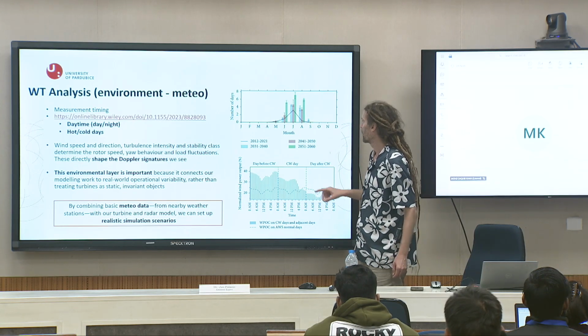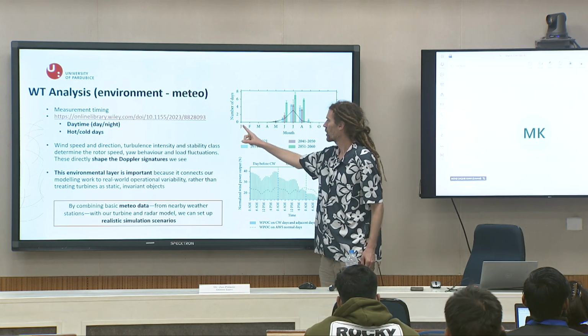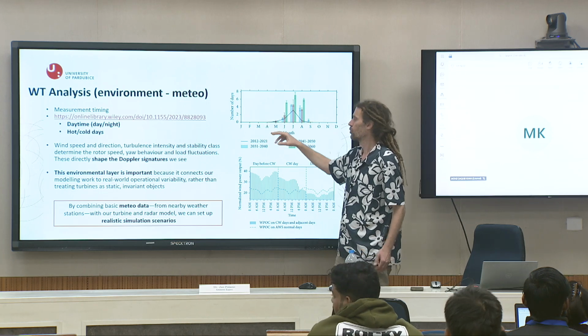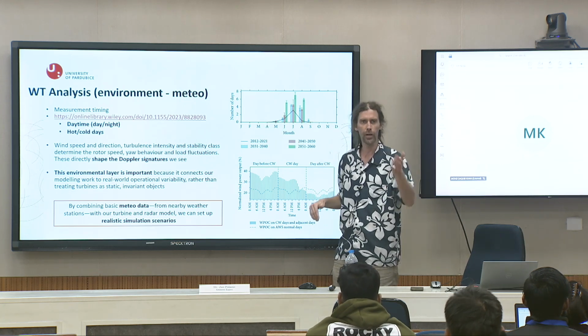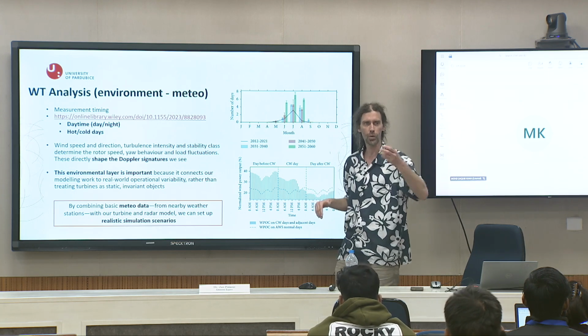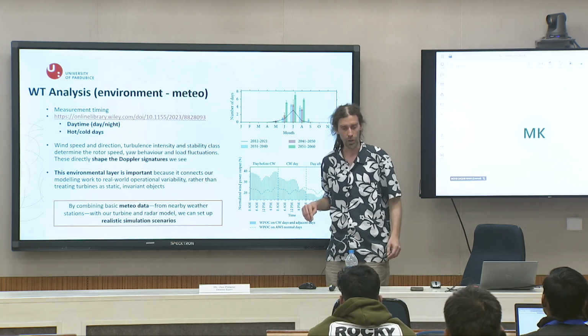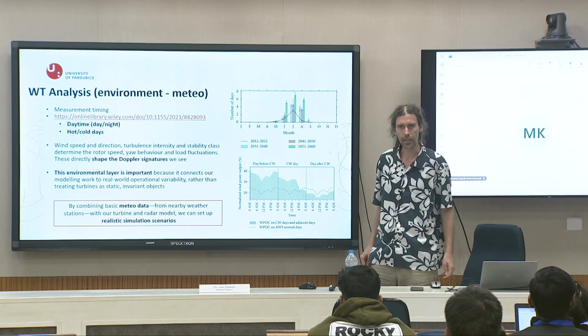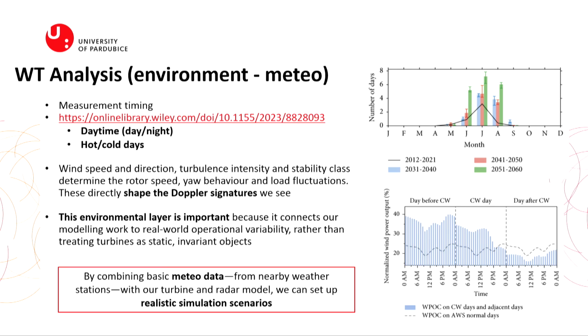You can see during January, February, March, April the number of days when there was sun, when it was dark, when there was wind, when there was no wind, and so on. So you can also check these statistics, if available, maybe for India or any country, because it will help you with planning when to go to measure.